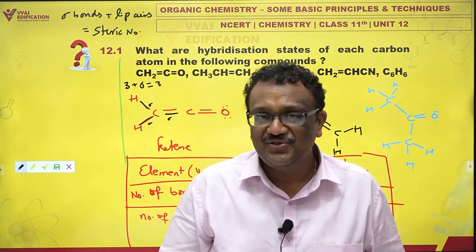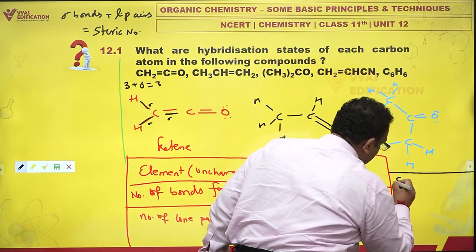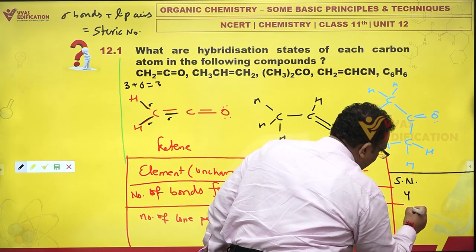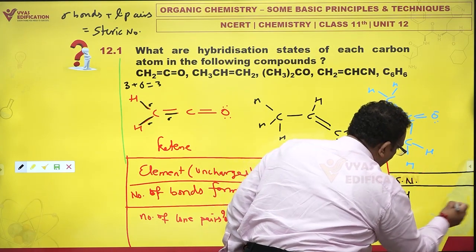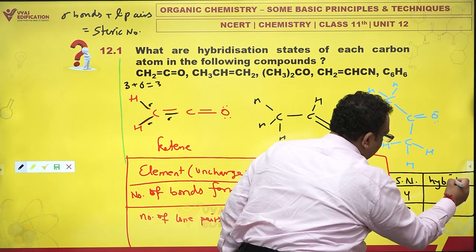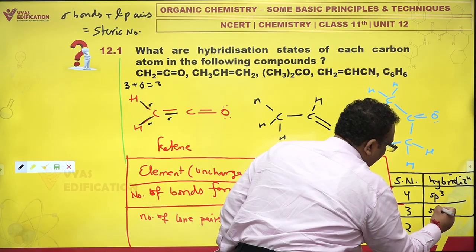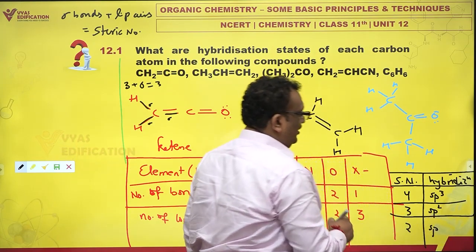Let me give you a small chart: if you have steric number 4, 3 or 2, accordingly you would have hybridization sp3, sp2 or sp.